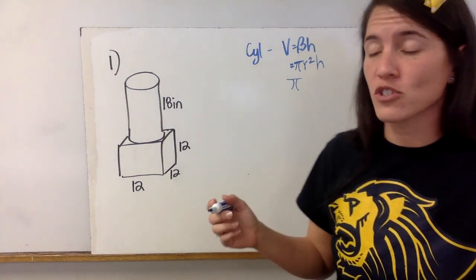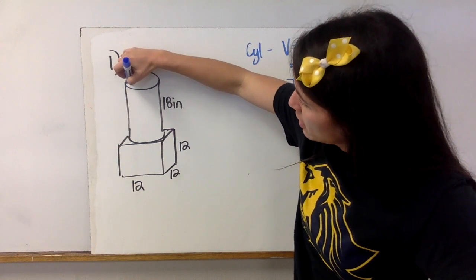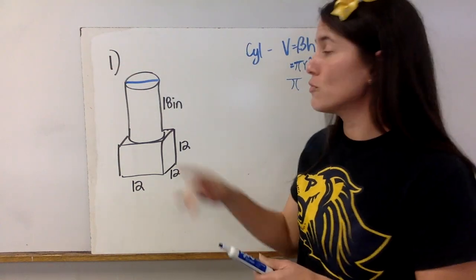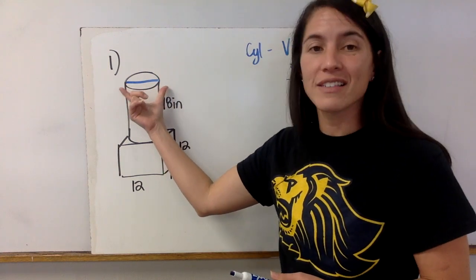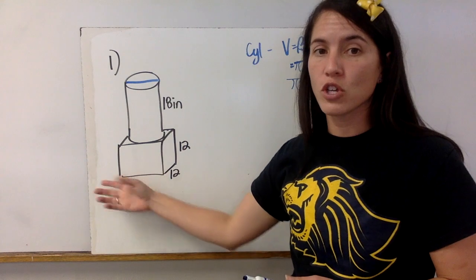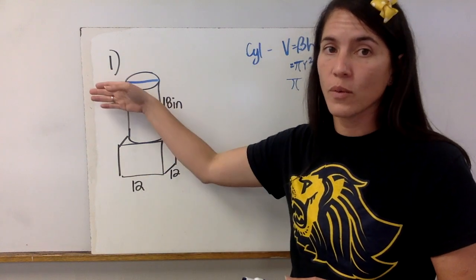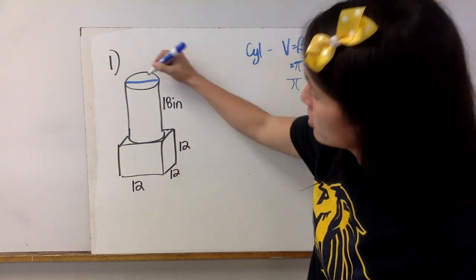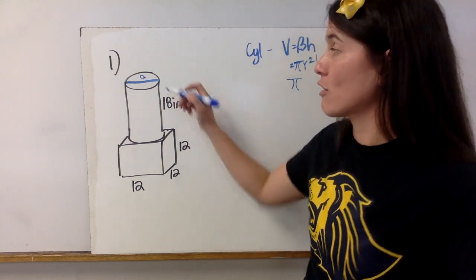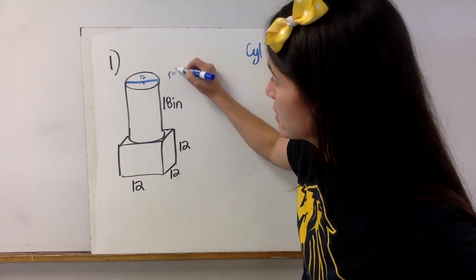Here's one of the questions: in the cylinder, we need to find the radius. It doesn't give it to you, but the cylinder sits directly on top of this cube, so if the cube is 12 inches, then the diameter is 12 inches, and the radius is 6.